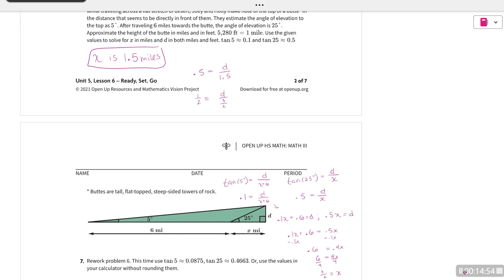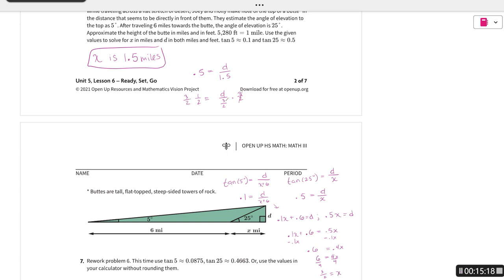Well, to get rid of this 3 halves in the denominator, I can multiply by the reciprocal. I think I just said that backward, but I'm going to multiply both sides by 3 halves.